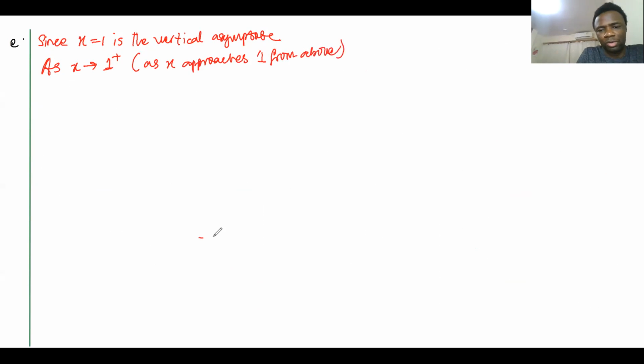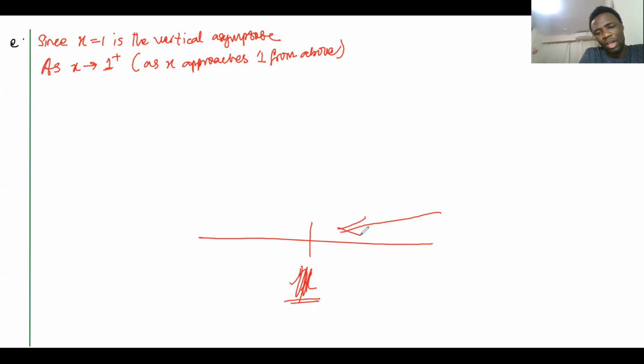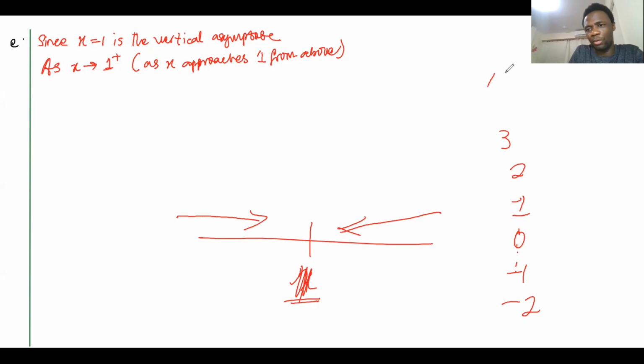When we say from above, this is X equal to 1. From above means it's coming from here. From below means it's coming from here. Does that make sense? We are looking at it as if this is 1. There are numbers below 1, like 0, -1, -2. There are numbers above 1, like 2, 3, 4.